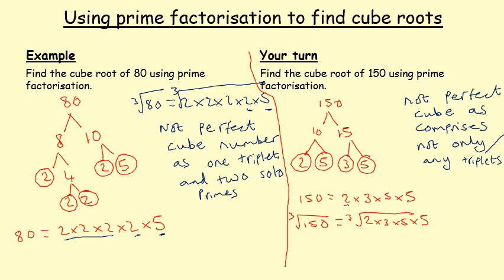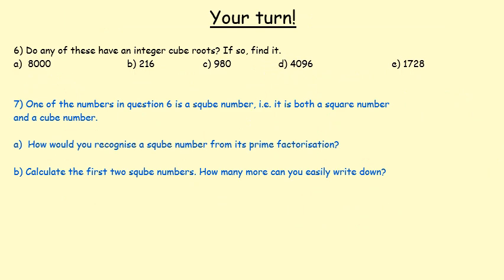They've got this number on its own, this number on its own. We've got a pair of numbers here, but no triplets. Therefore, we can conclude this is not a perfect cube. And the reason is because it has no triplets in that composition, and it doesn't comprise only of triplet product of primes.